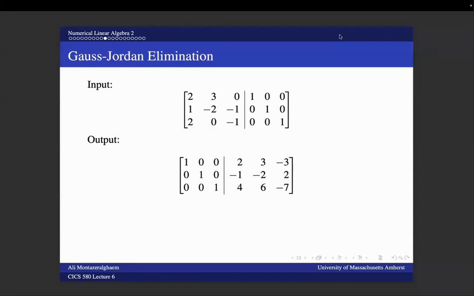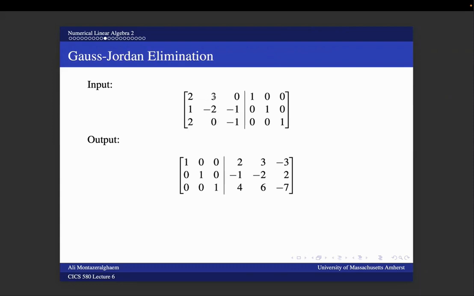So in this algorithm, we need to first make sure that the elements on the left side below and above the diagonal are 0.